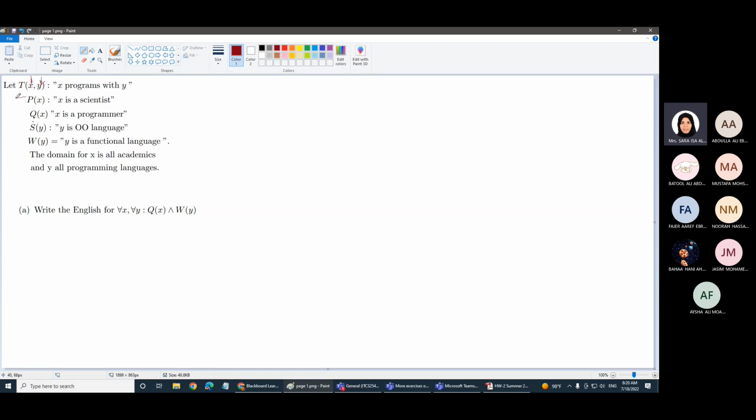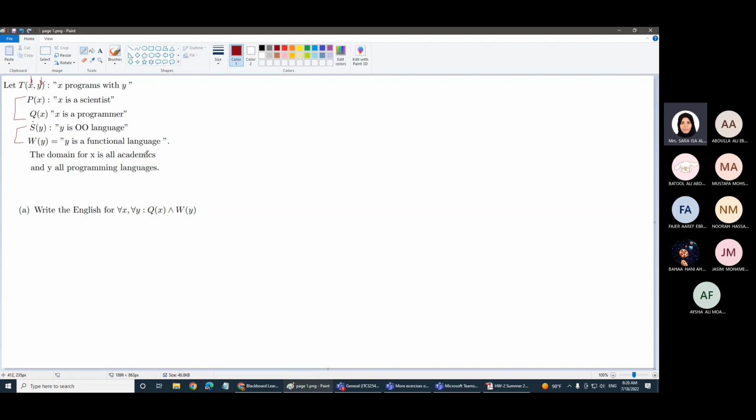So we have some predicates to describe the academic people and some predicates to describe languages. B(x) means x is a scientist, Q(x) means x is a programmer. These are two adjectives for the academic people.